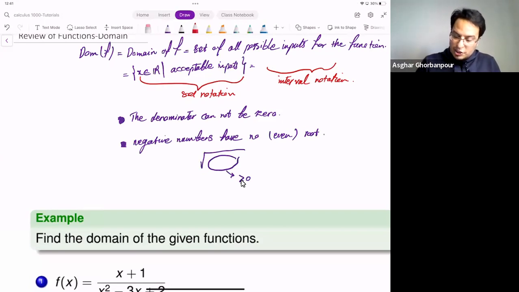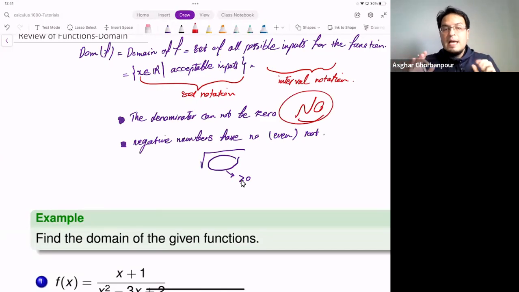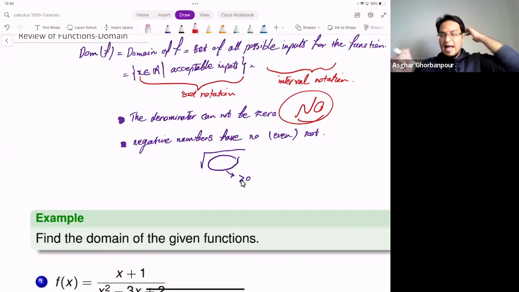The first condition is a big no. This is very important. No matter how advanced your math is, you cannot divide a number by 0. 0 does not have an inverse. But the second condition, which is important for us because we are working with real numbers, can be resolved in higher math.